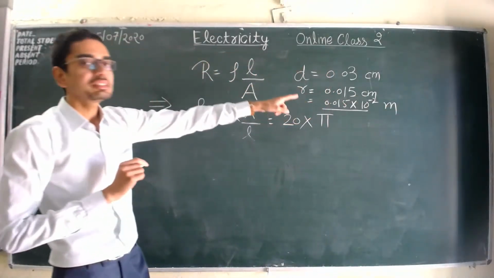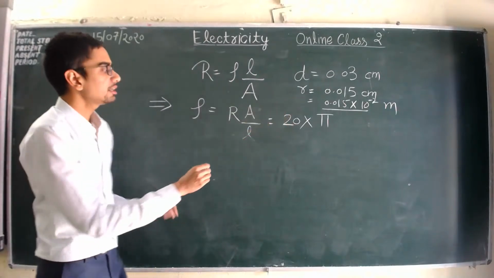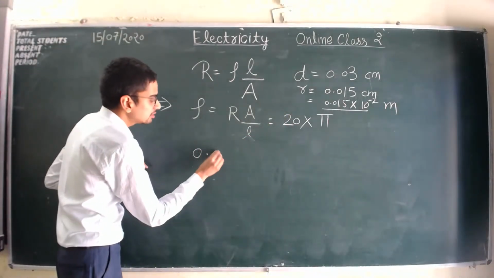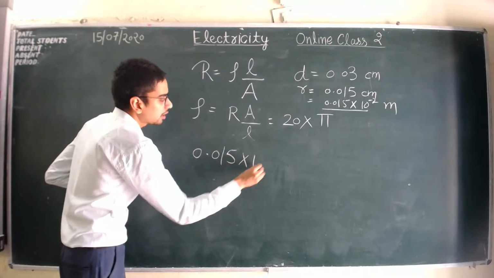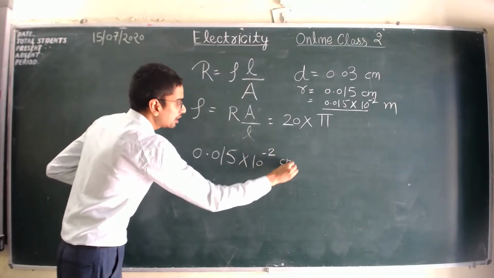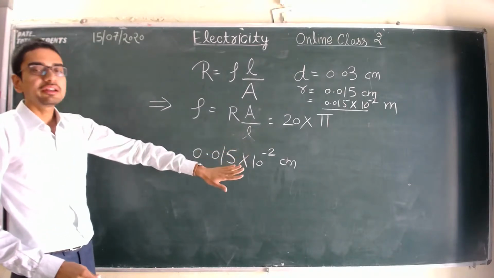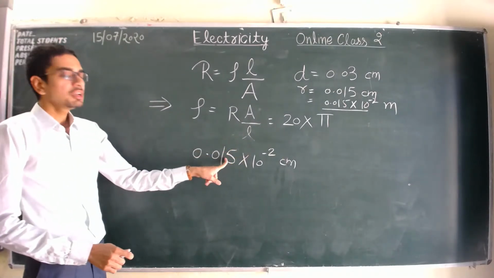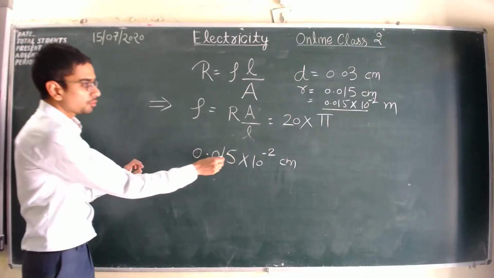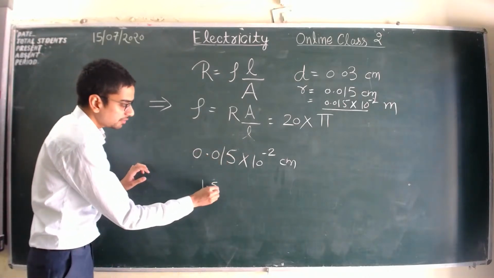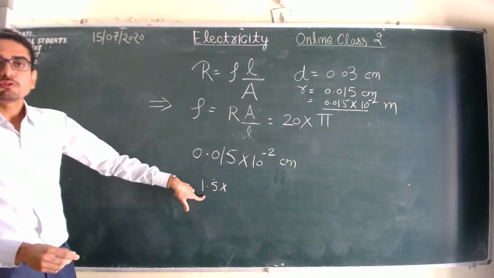Okay, this is not the standard form. When you write in standard form, there is only one digit before the decimal. For example, 1.5 into. This is the standard form.